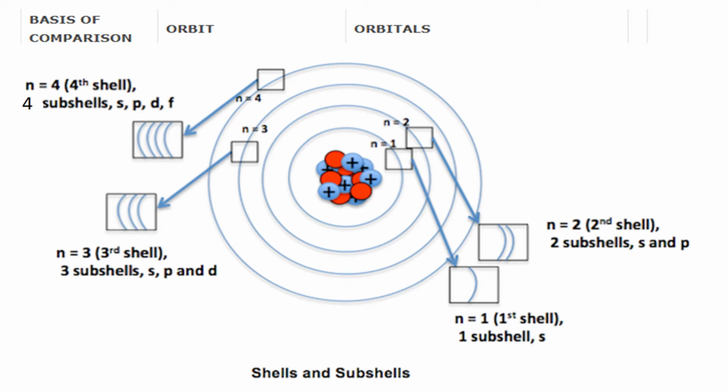When n is equal to 4, it corresponds to 4 subshells s, p, d, and f. When n is equal to 3, it corresponds to 3 subshells s, p, and d. In the case of principal quantum number 2, it is associated with the two subshells s and p. In the case of principal quantum number 1, it is associated with only one subshell, s.